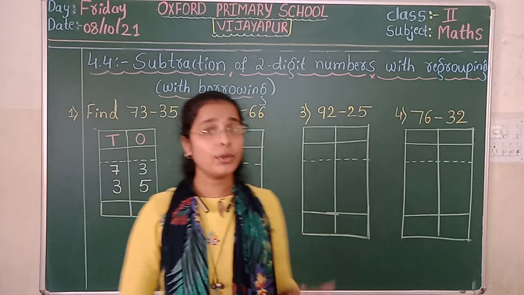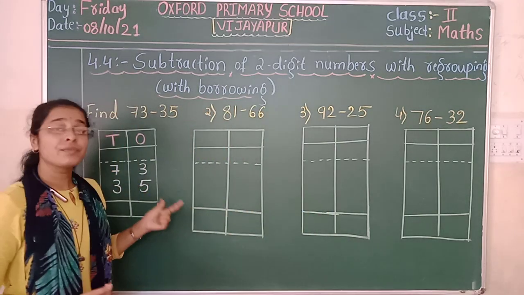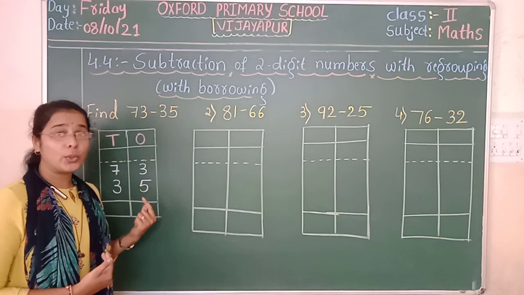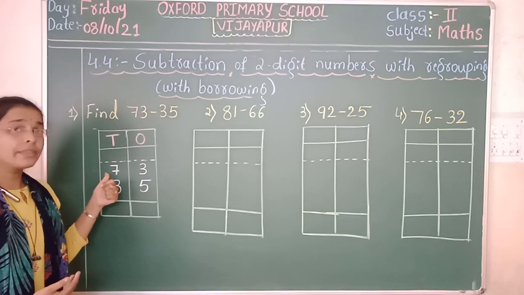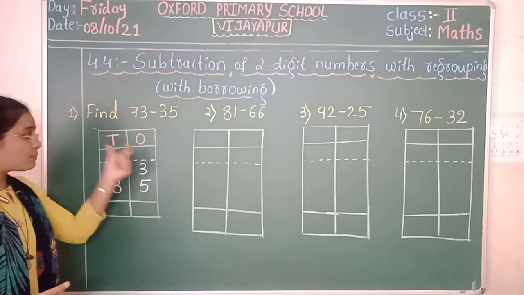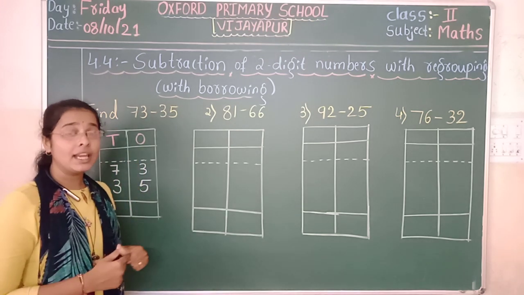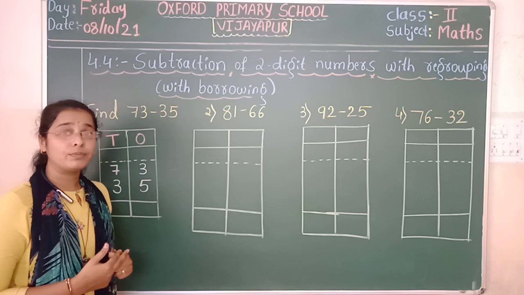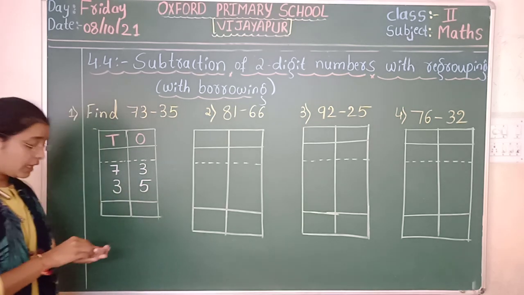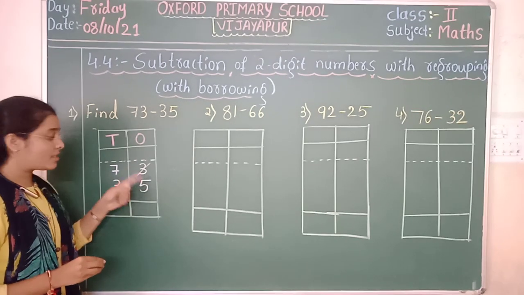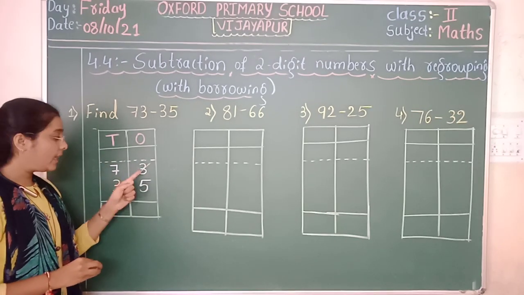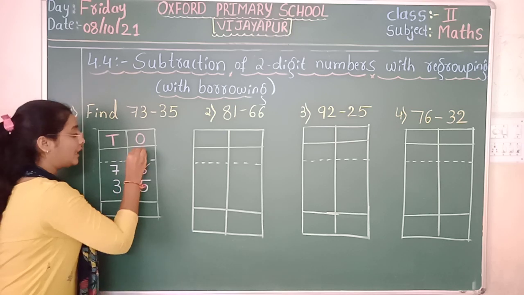So in this case, we have to take a borrow, a carry, from the next place. Which is the next place here? Tens place. From the tens place we have to take 1 carry, otherwise we take 1 borrow. By taking 1 carry, now we will get 13.